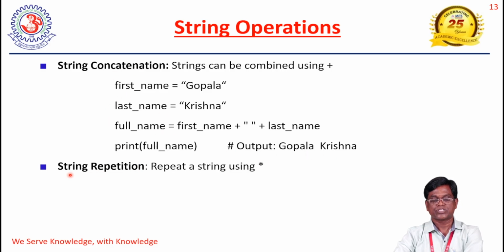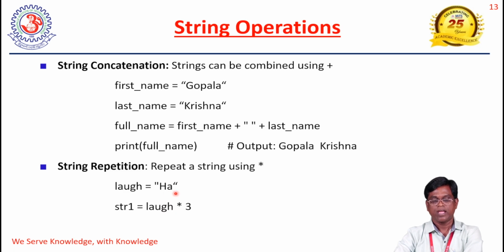Next one, string repetition. We can display a particular string repeatedly by using the asterisk operator. It is a multiplication operator, but the same operator I can use for the string repetition operation. Let us say I am creating one string, laugh is equal to ha.